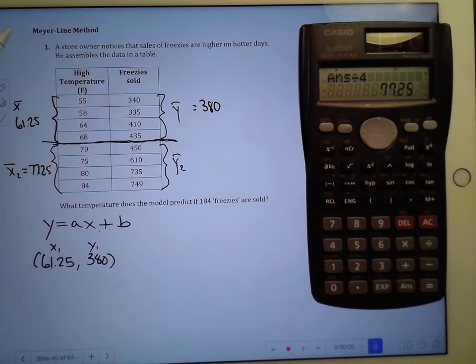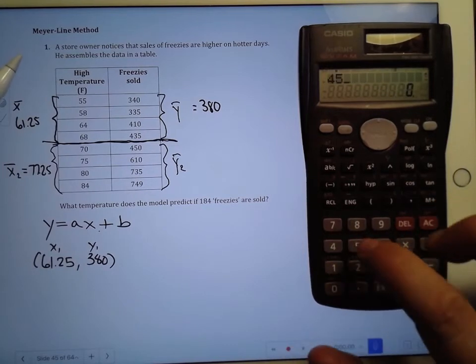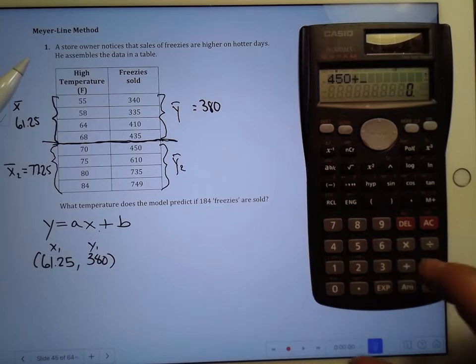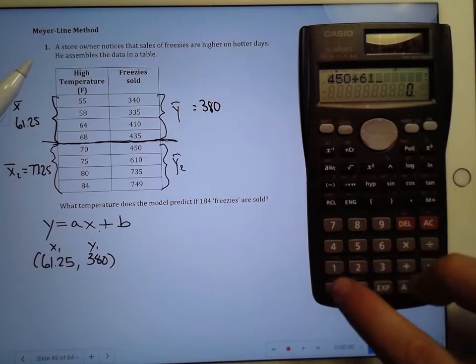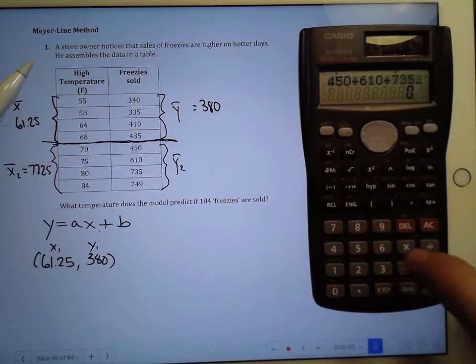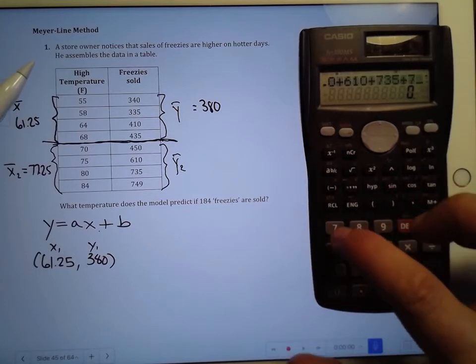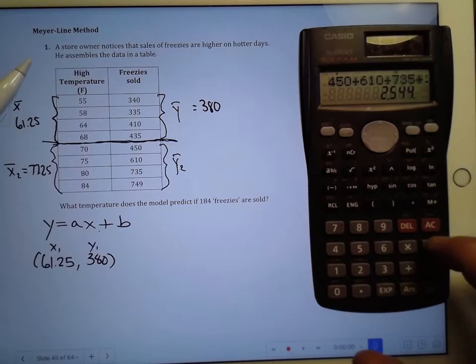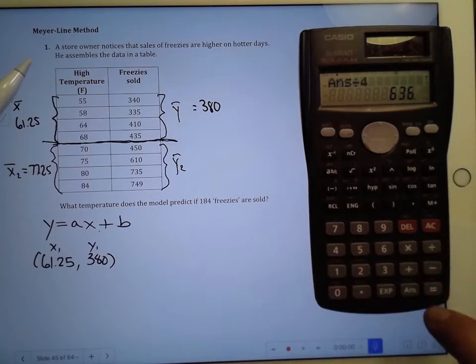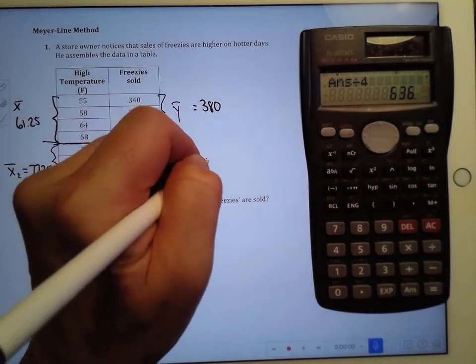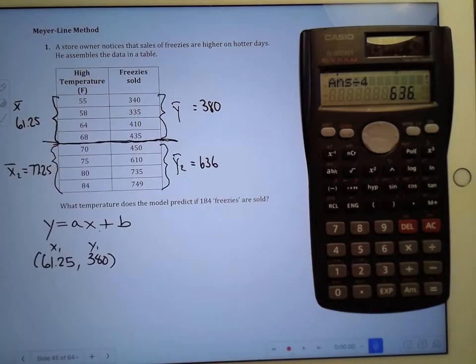And now for the y, 450 plus 610 plus 735 plus 749 brings me 2,544 divided by 4 gives me 636. So my y2 is equal to 636.